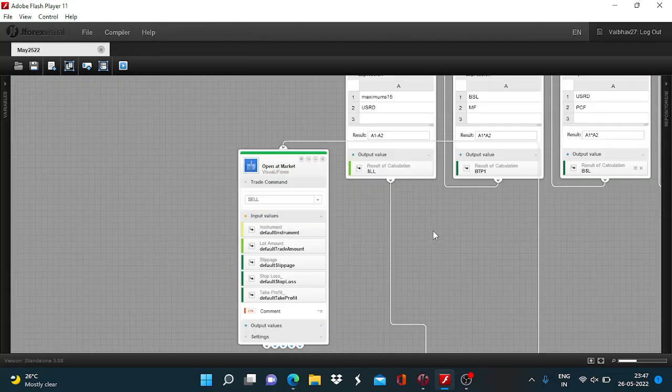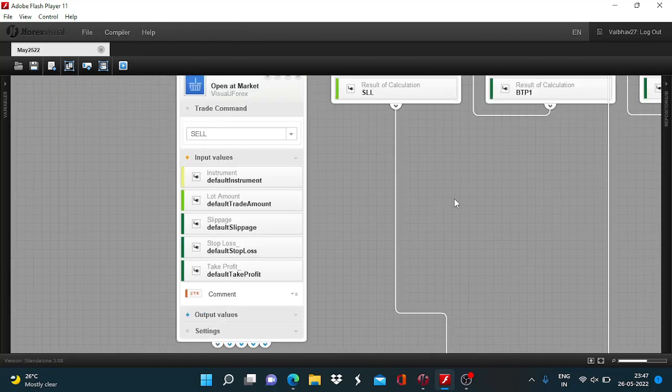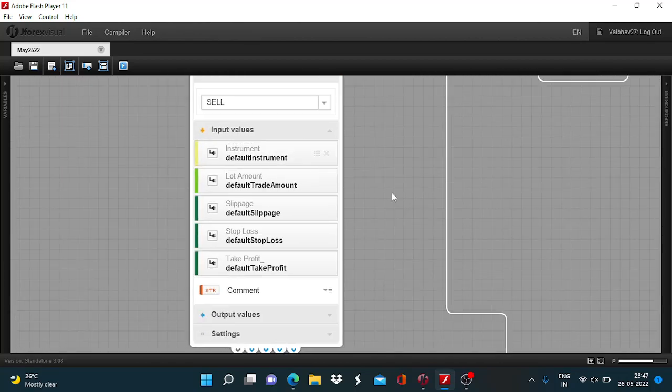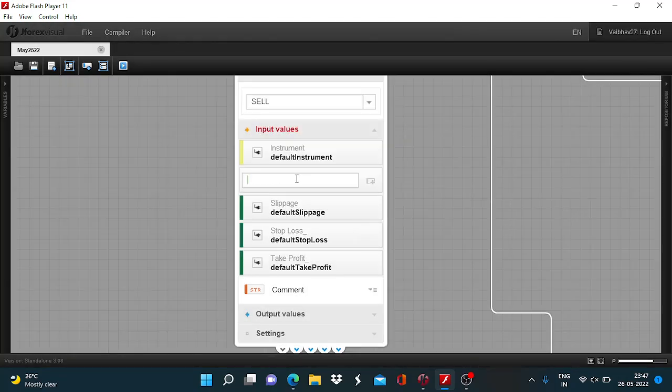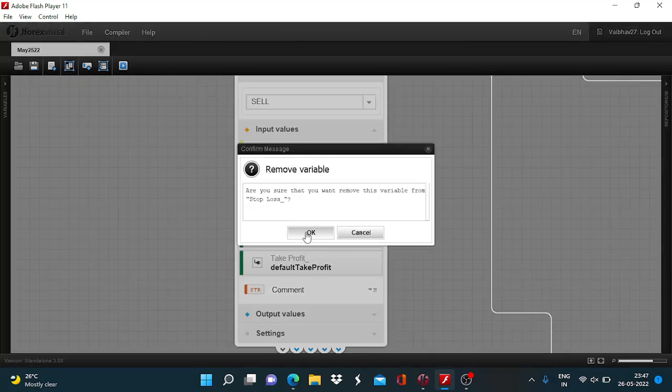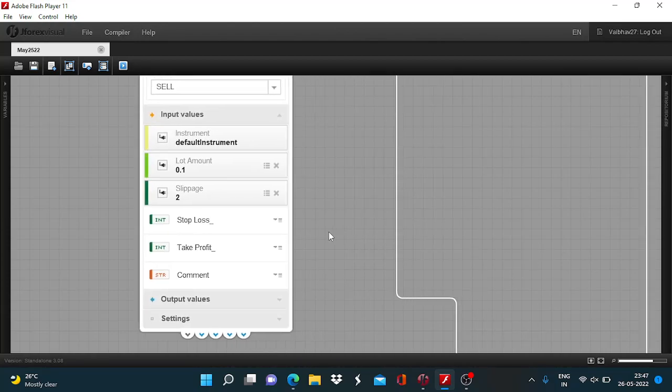Now coming to defining these input parameters. Default instrument remains as it is. Trade amount I will change to 0.1 million. Slippage 2 pips. Stop loss and take profit will be dependent on the actual difference.